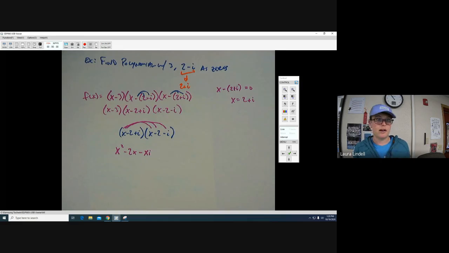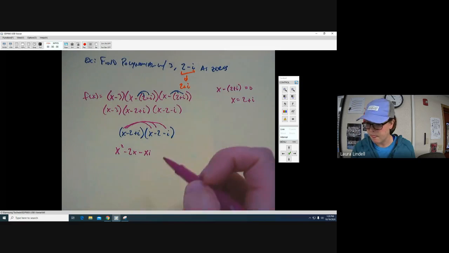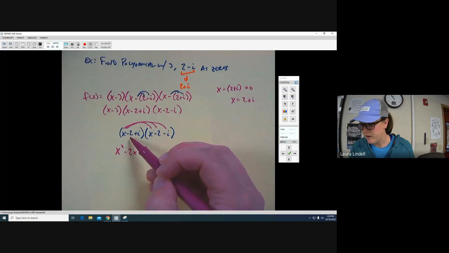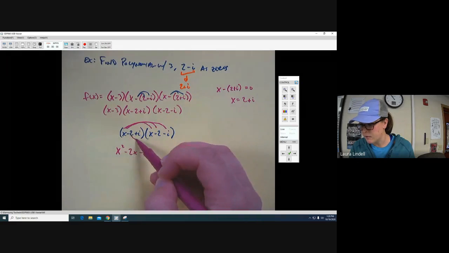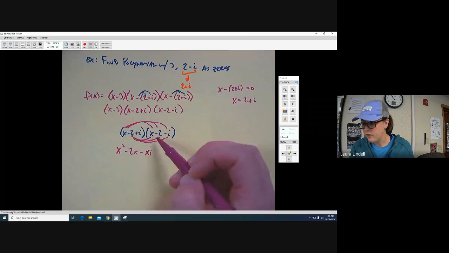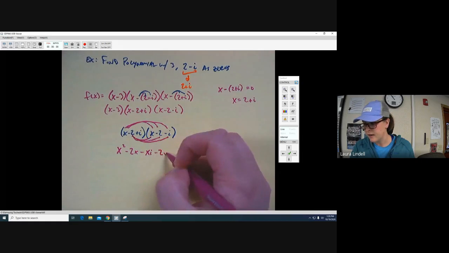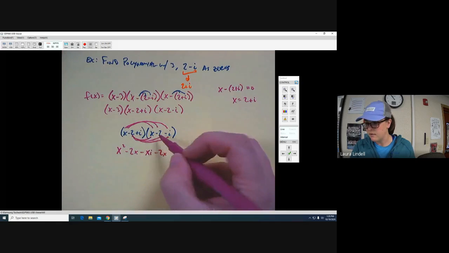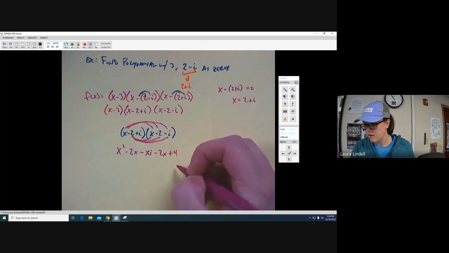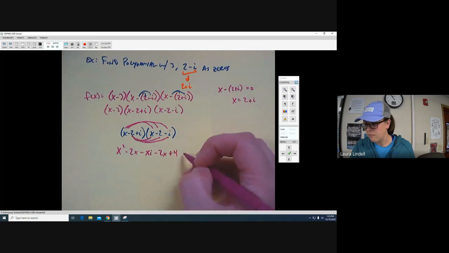I'm multiplying it all out. So we're kind of unfactoring it here. Okay, so then -2 would multiply in next. So -2 times x would be -2x. -2 times -2 would be +4. -2 times i would be plus 2i.